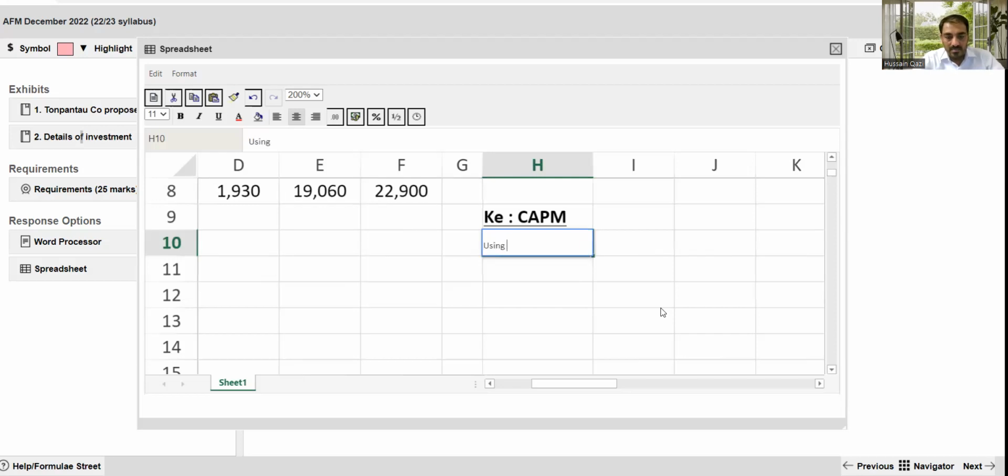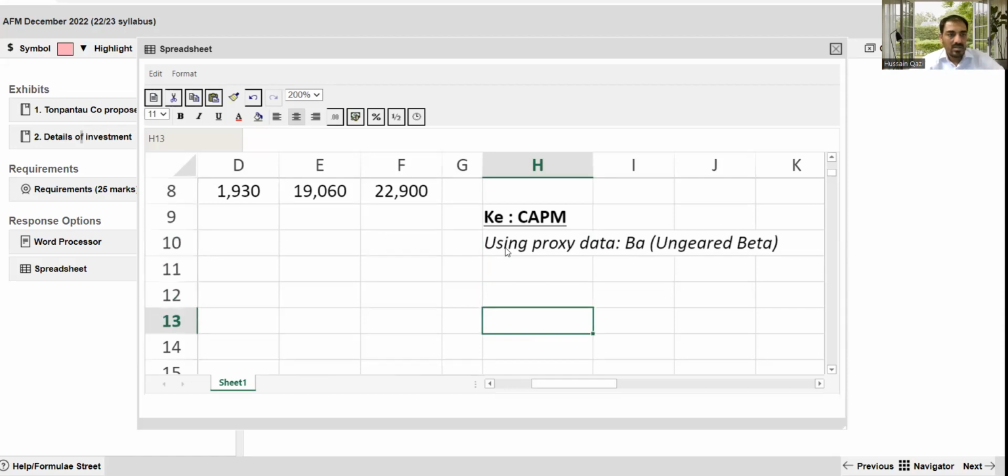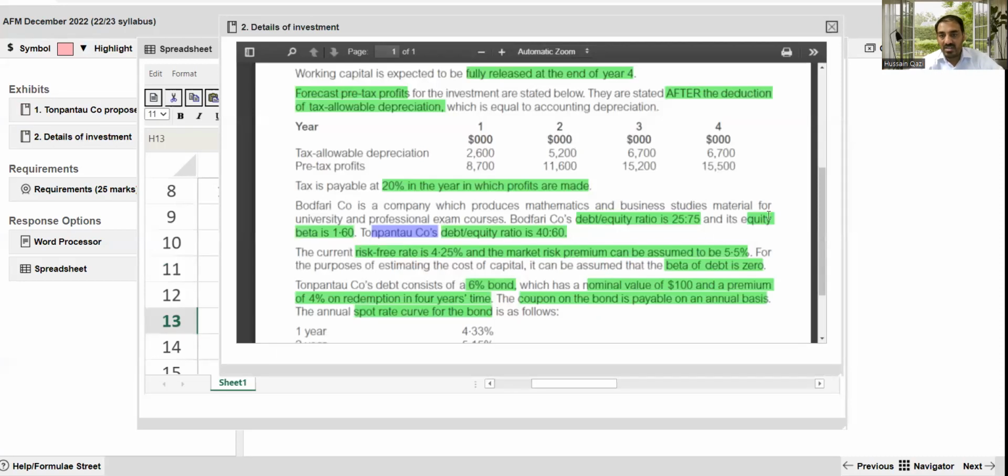So using proxy data, first of all we calculate the beta asset. That is called the ungeared beta. So we need to enter with the proxy company.